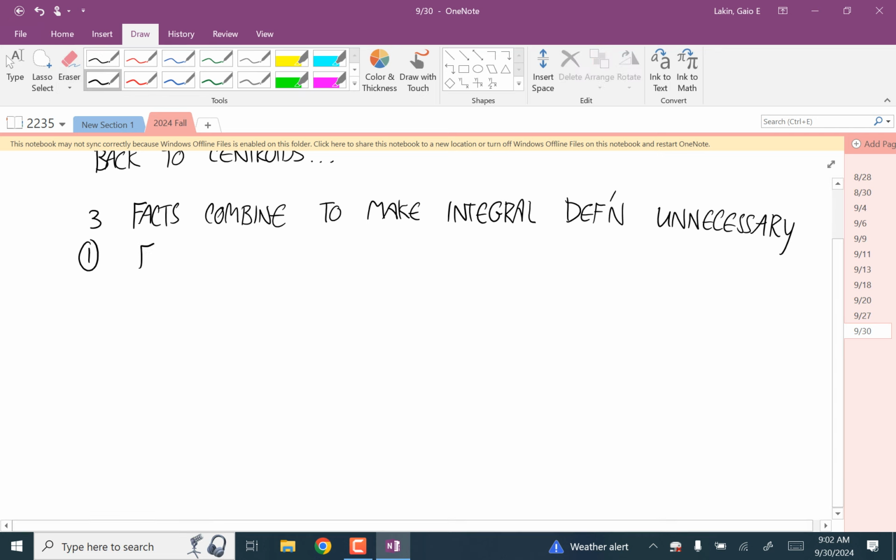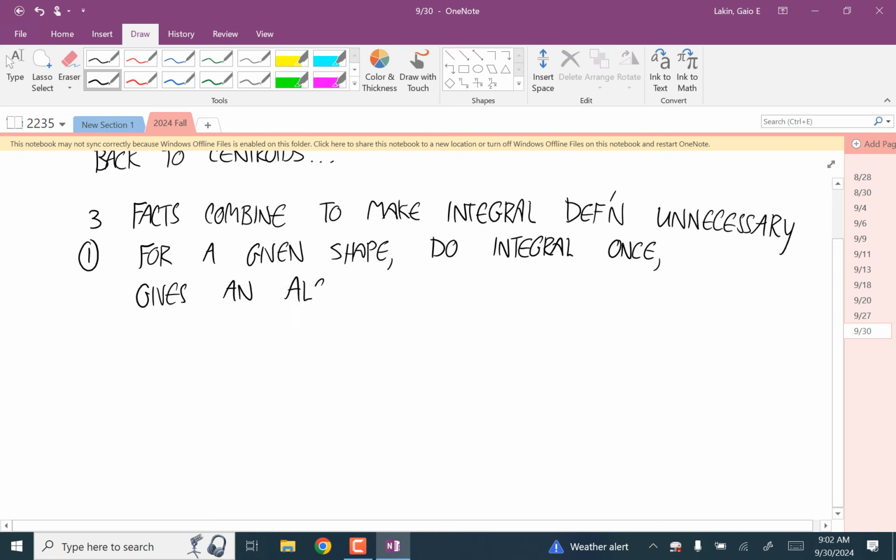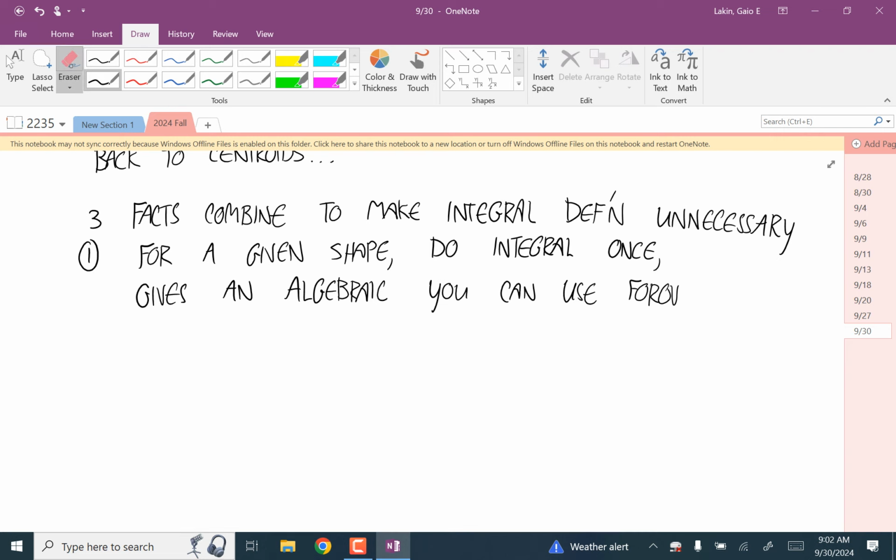For a given shape, you can do the integral one time, and it gives you an algebraic formula that you can use forever after.